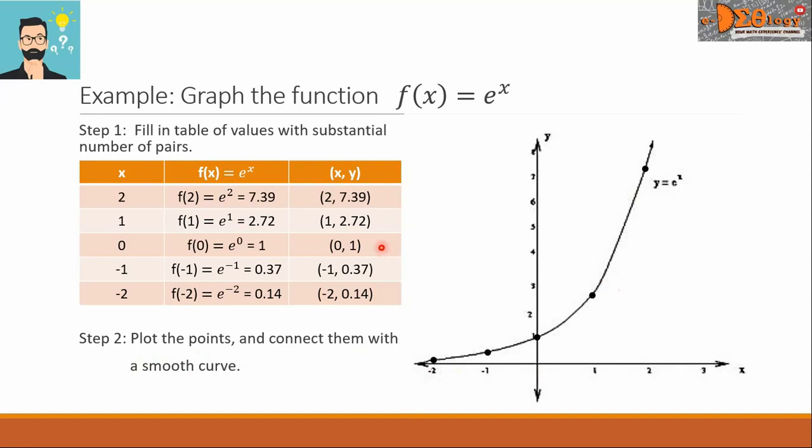The point (0, 1) is here. The point (-1, 0.37) is here. And the point (-2, 0.14) is here. And we can see the smooth curve. And this is our final answer.